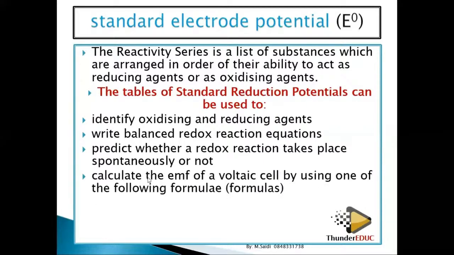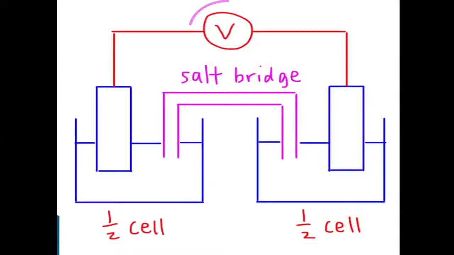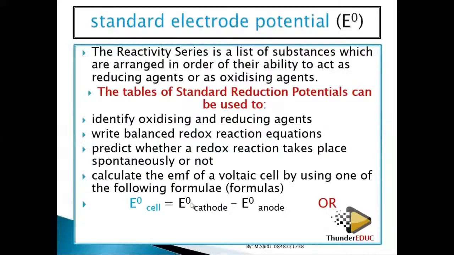And then you can calculate the EMF, electromotive force, of the cell. This is the formula you are going to be using. The electrode potential of the cell is equal to the electrode potential of the cathode, the positive terminal, minus that of the anode, the negative terminal. So we need to know which one is at the cathode and which at the anode.